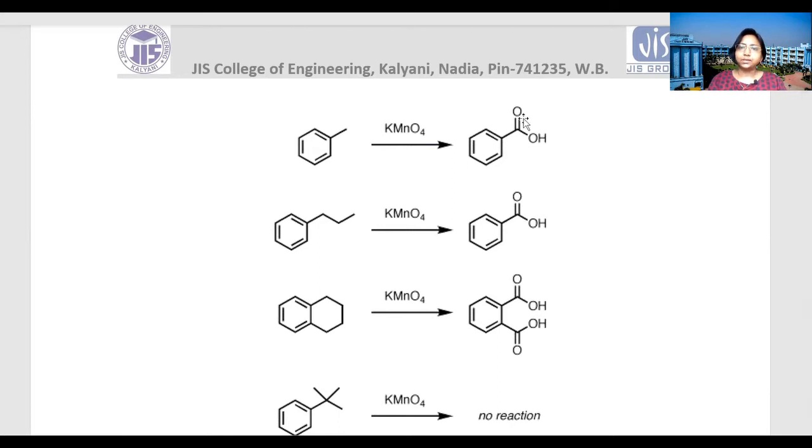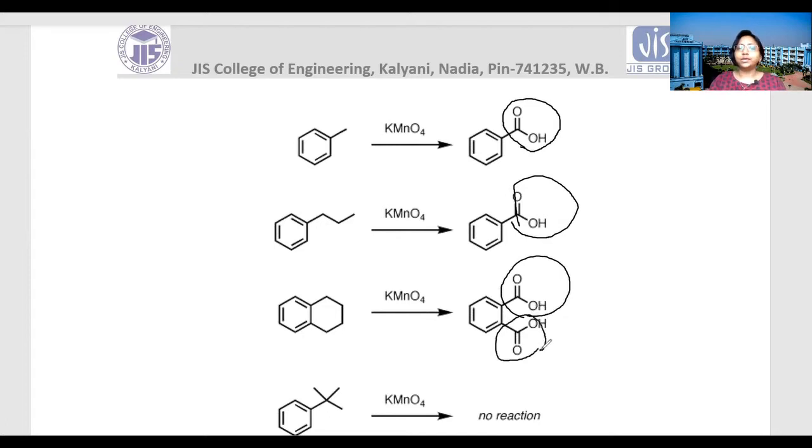carboxylic acid. How can you understand these are carboxylic acids? Because all have a COOH group. Here is also a COOH group. So these are the carboxylic acids.